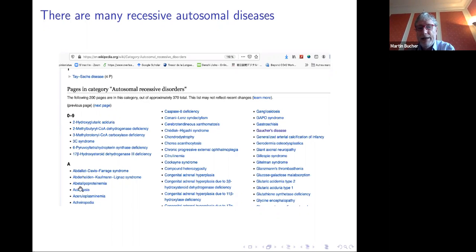And this is from Wikipedia, all of the different autosomal disorders. Autosomal means that it comes from the chromosomes that aren't the sex chromosomes, so that you have the heterozygous, homozygous distinction, but you don't see autosomal dominant disorders because those are selected against much faster.